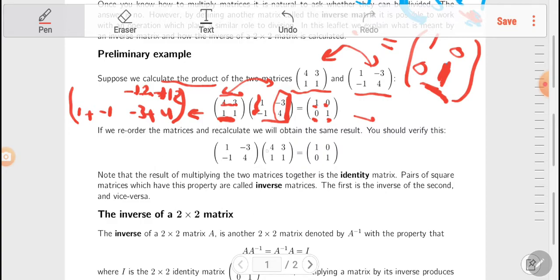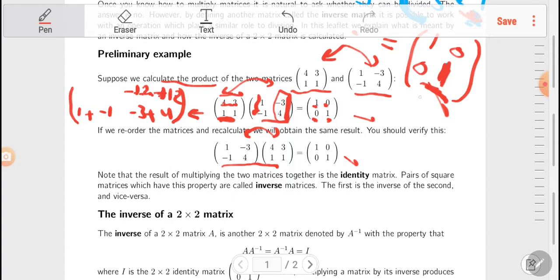Vice versa, if you replace the positions, if you rewrite the two matrices in another order and find their product, it becomes the same multiplicative identity matrix. So it means, if I ask you to tell whether these two matrices are inverse to each other, you have to multiply them and find the product.